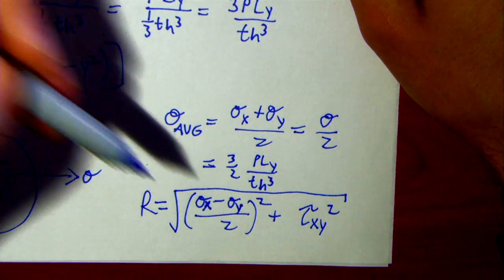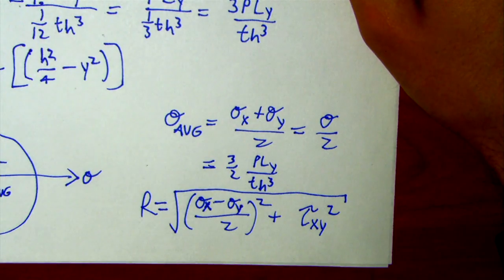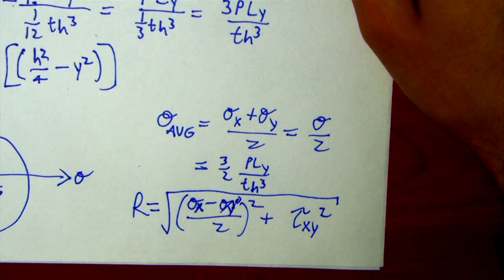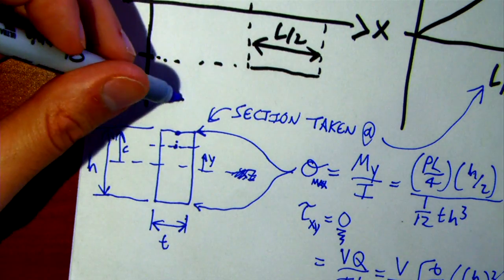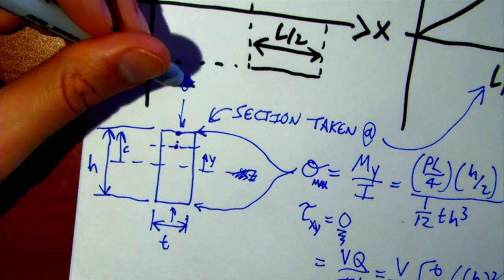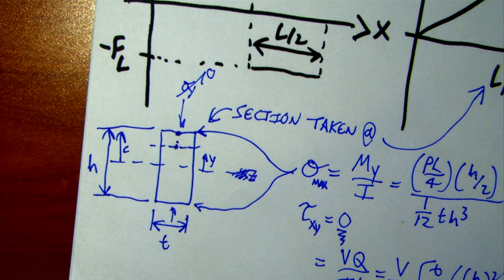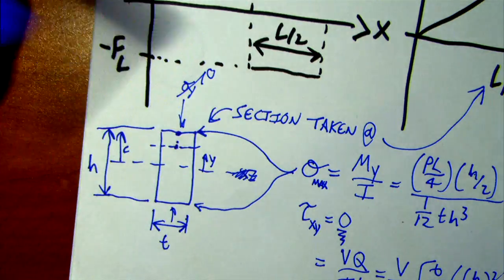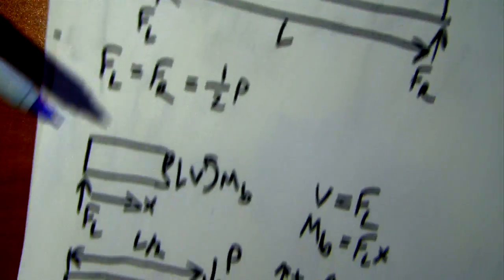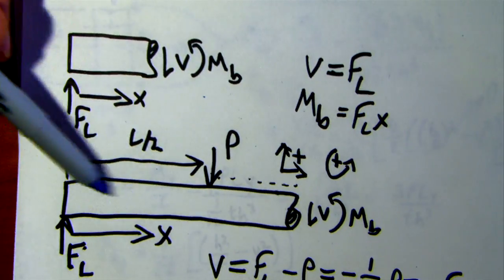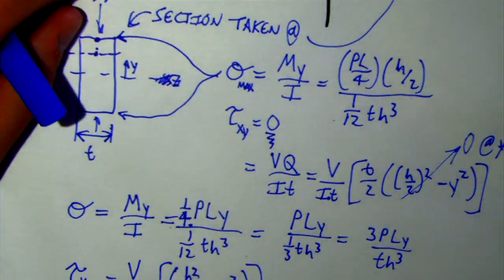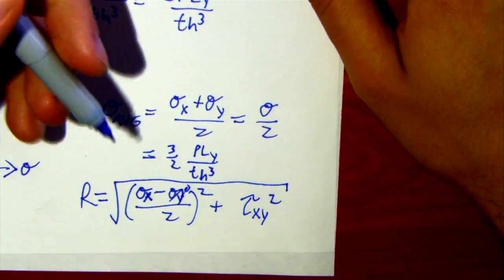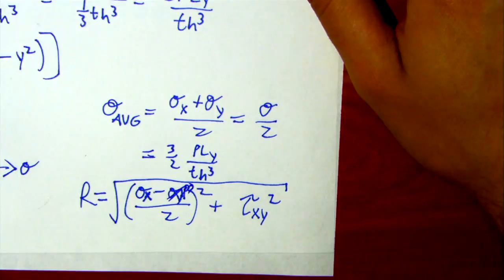I can just substitute in my two forms of stress. I know that sigma y is 0 because I don't have a stress going like that. I only have stress coming out of the page, or in the x direction that I defined back over here. So I've got sigma x and there's sigma y. So I can go over to my equation for the radius of the Mohr circle here, and sigma y is 0.